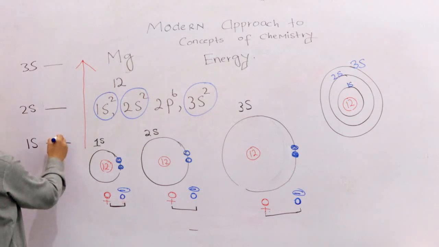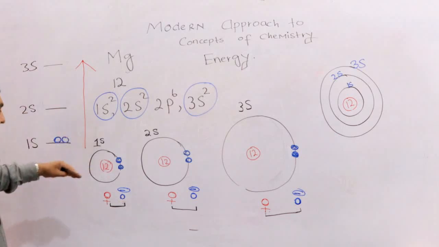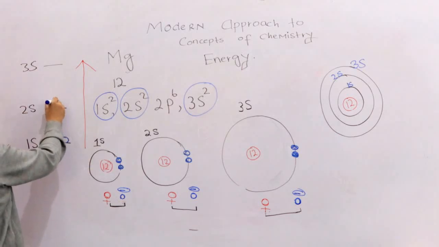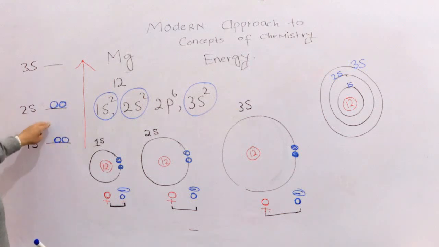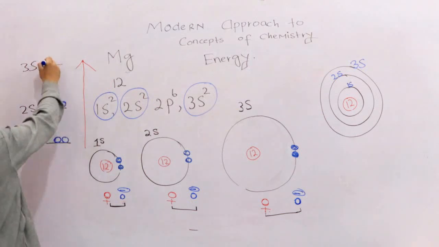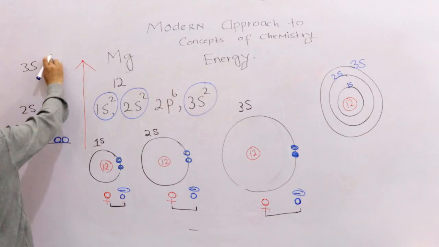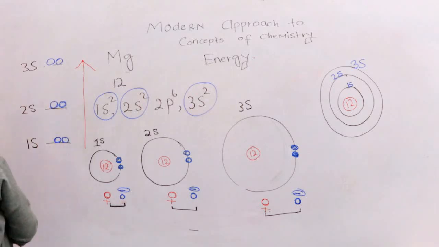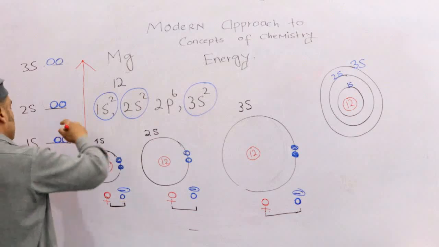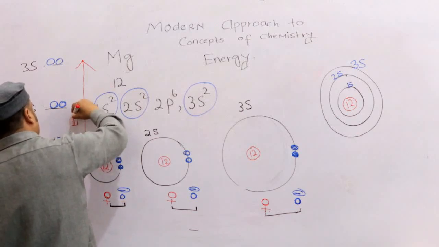So the 1s electrons we write at lower energy. The 2s electrons are higher in energy than the 1s electrons, and the 3s, sorry, I am writing it a little big, they are at the highest energy among the three, because this is the direction of energy. Energy increases upward.